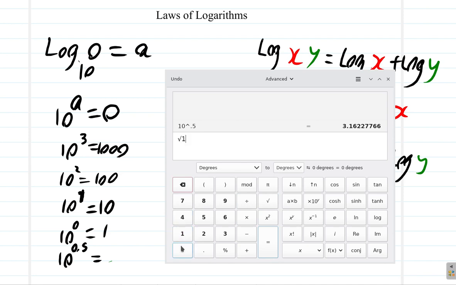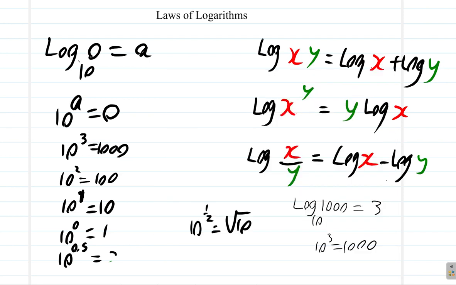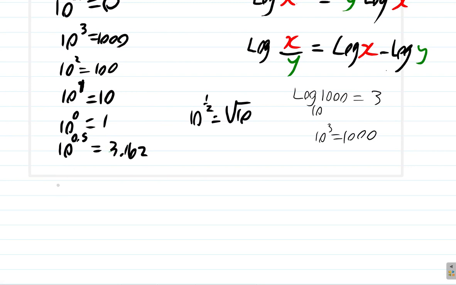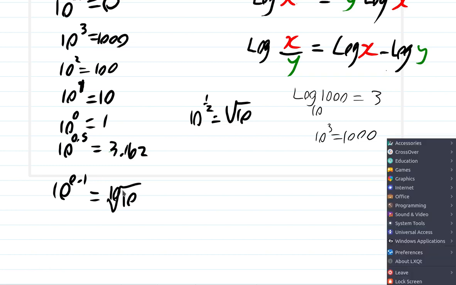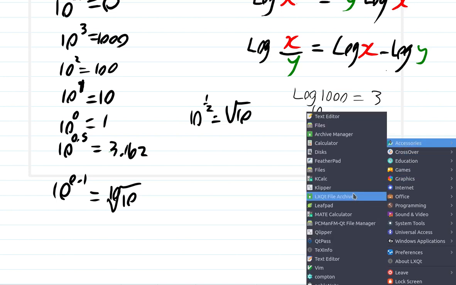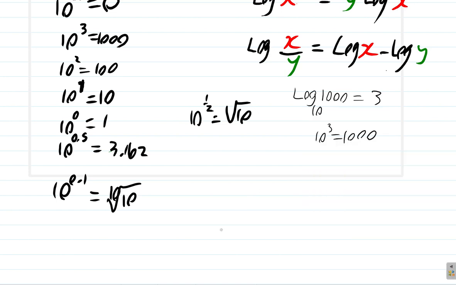We're getting smaller. Let's say 10 to the power of 0.1 is equal to what? This is the same as 10 to the power of 1/10, so it will be the 10th root of 10. But anyway, we use our calculator to see what that gives us.